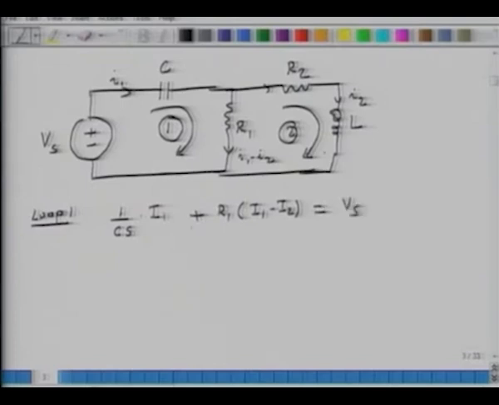And then for loop 2 I have R2 times I2 plus SL times I2 plus, here I take I2 minus I1 times R1 equals 0. Now I rearrange this and construct a simple matrix.